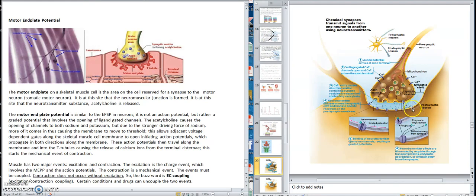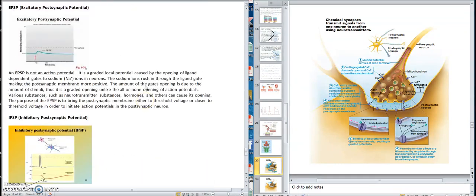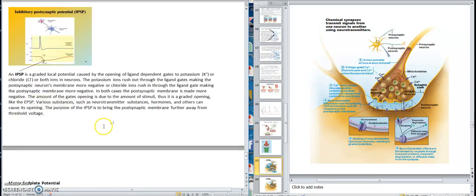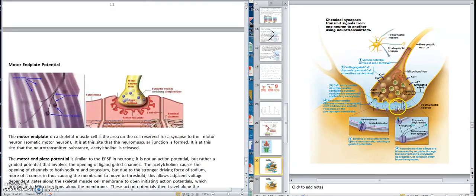And that motor endplate potential, even though it's called a motor endplate potential, is very similar to the EPSP, making the inside more positive to reach threshold. In this case, to reach threshold in a muscle cell.